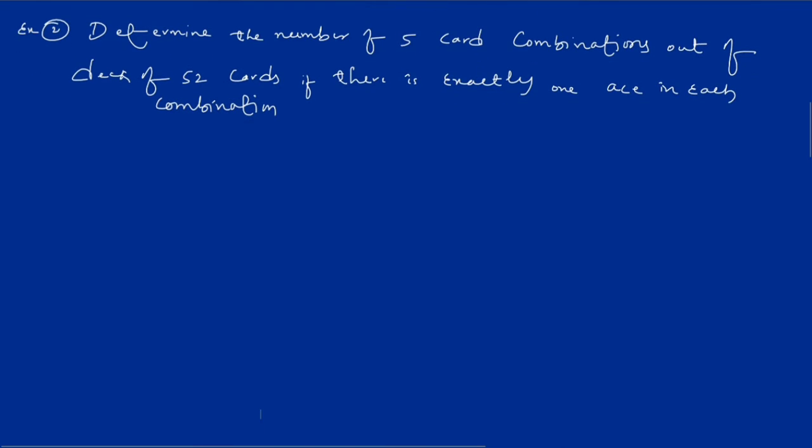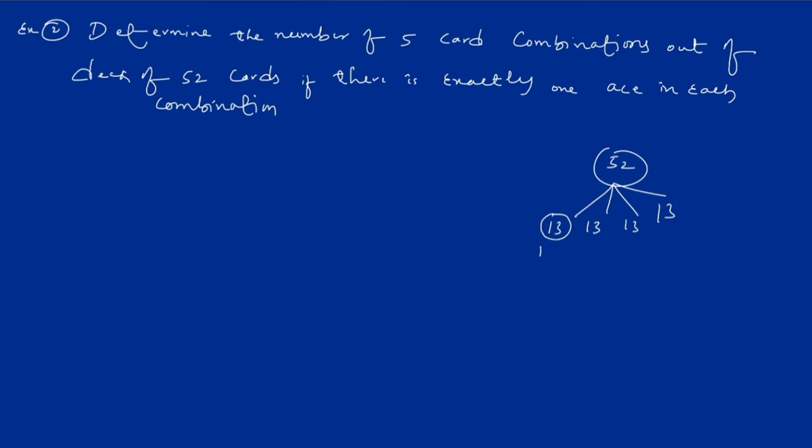So before going to solve this example, first we have to understand a deck of 52 cards, right? Total 52 cards are there here, and 4 sets are there totally, 13, 13, 4 sets. In each group of 13, what we get?